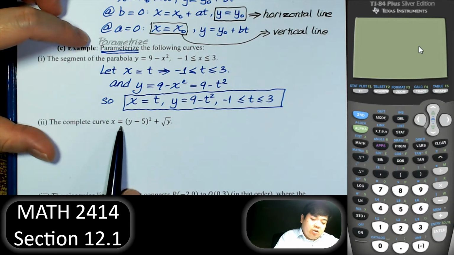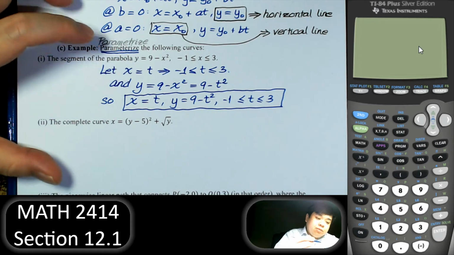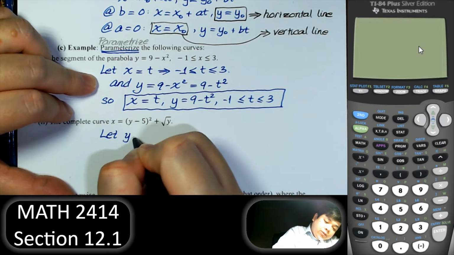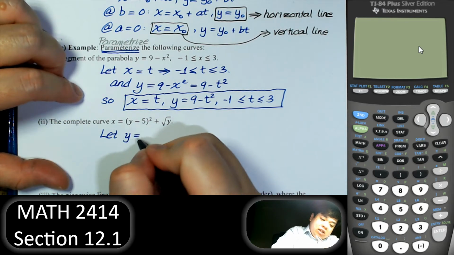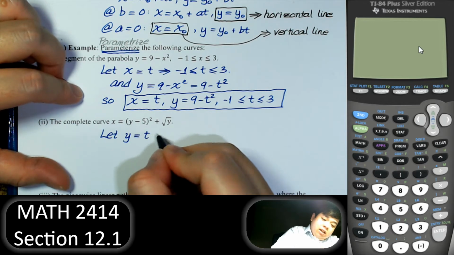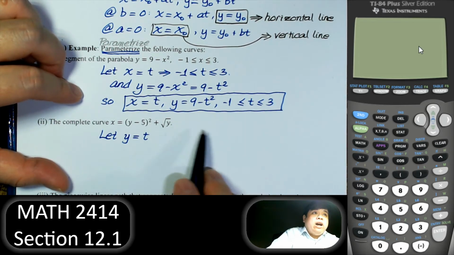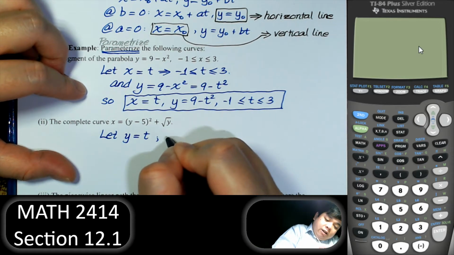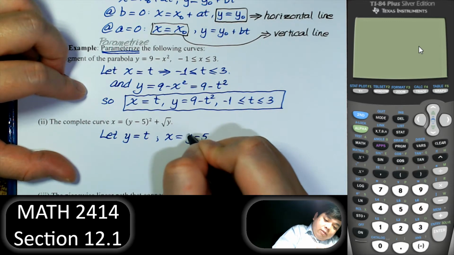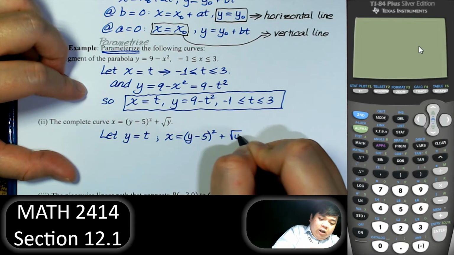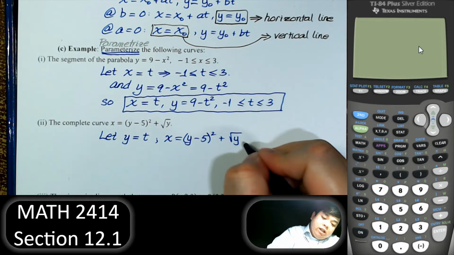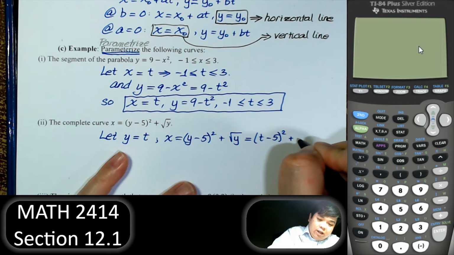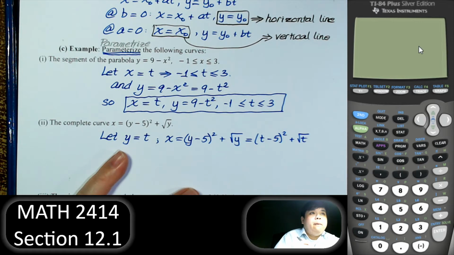Next, the complete curve x equal to this. Now this one we have x as a function of y instead of y as a function of x. So if it is like this, we should choose let y be t. In this case, actually we don't have the limit for y or x here, so we're just going to leave it at that. But we have x equal to (y minus 5) squared plus square root of y, but y is equal to t, so this equals (t minus 5) squared plus square root of t, right?